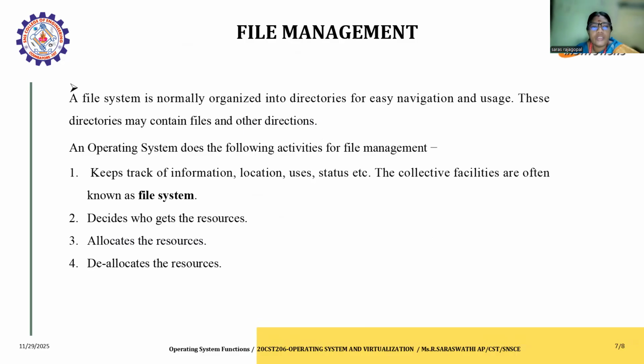File management. The file system is normally organized into directories for easy navigation and usage. It contains files and directories. It does the following activities. First, it keeps track of file information, location, users, and status.